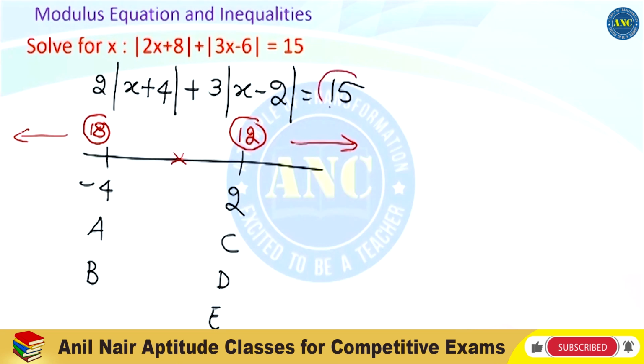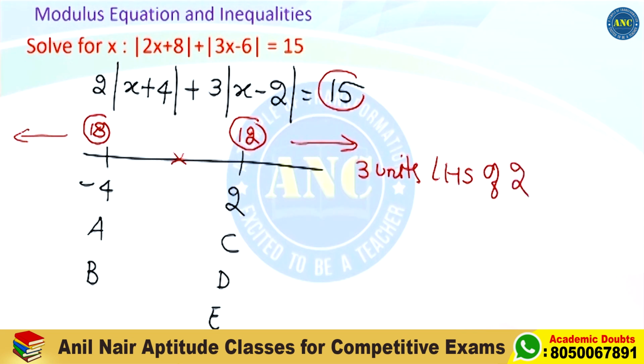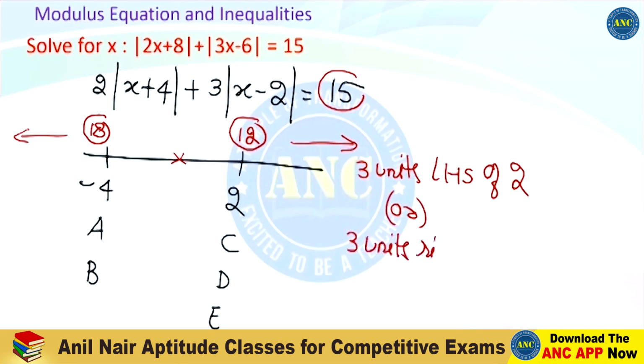I want 15 and I got 12, so either I can take 3 units to the left hand side of 2, or 3 units to the right hand side of minus 4.